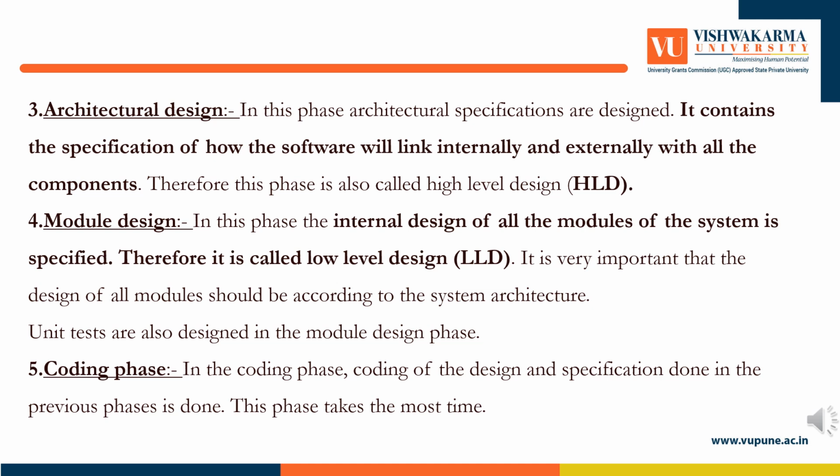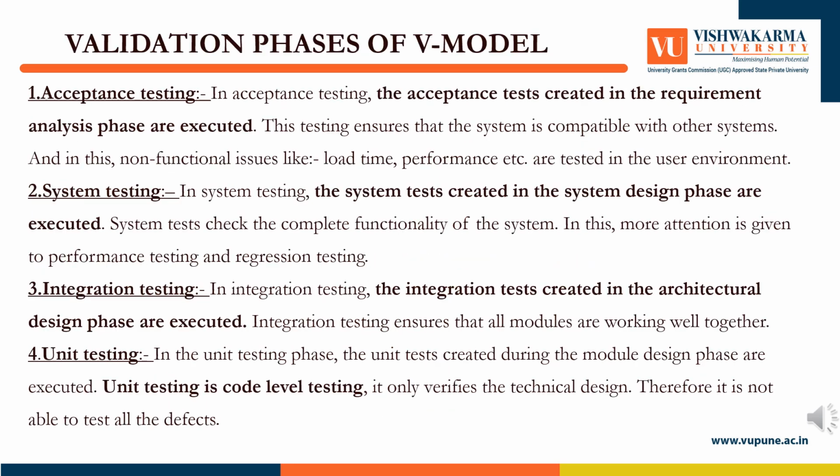After that, we should move to the validation phases of the V model. First is acceptance testing. Acceptance testing is where the acceptance tests created in the requirement analysis phase are executed. That means the requirement, whether functional or non-functional, is identified, and it is checked that the requirement is acceptable to the developers and the customer as well. Those are all done in acceptance testing. After that, system testing.